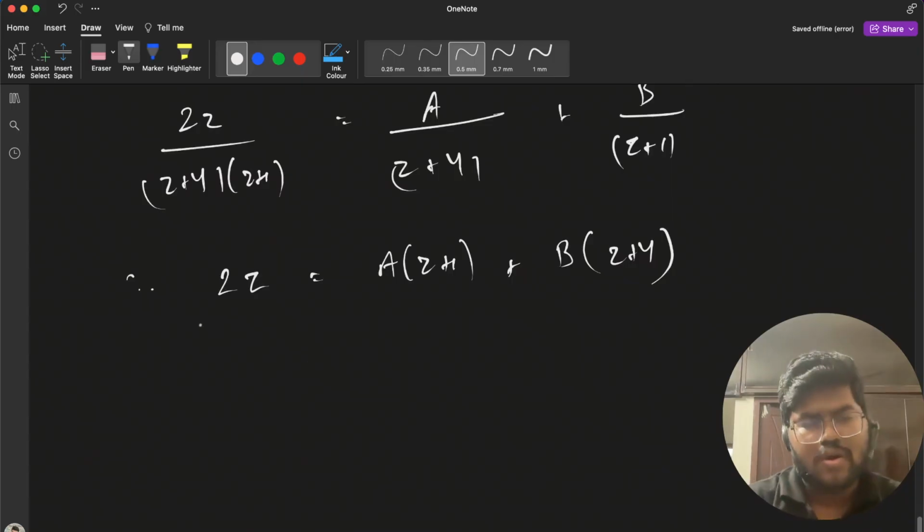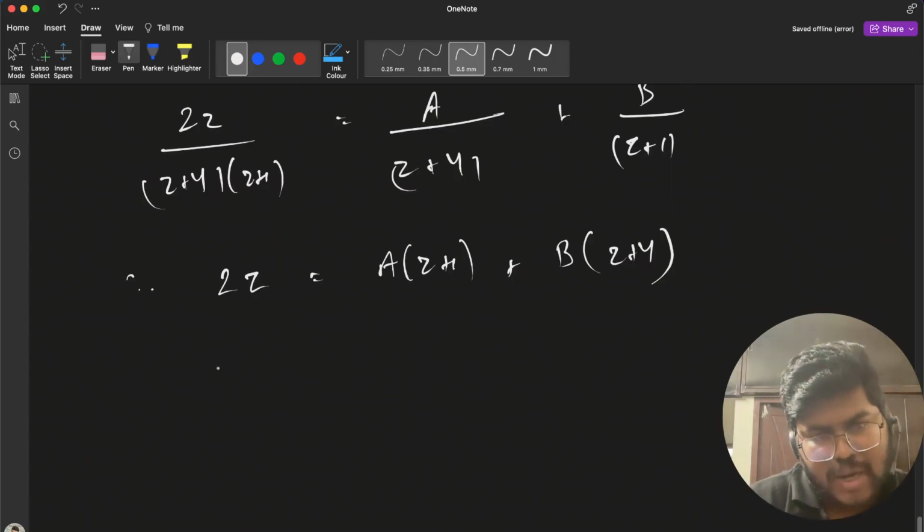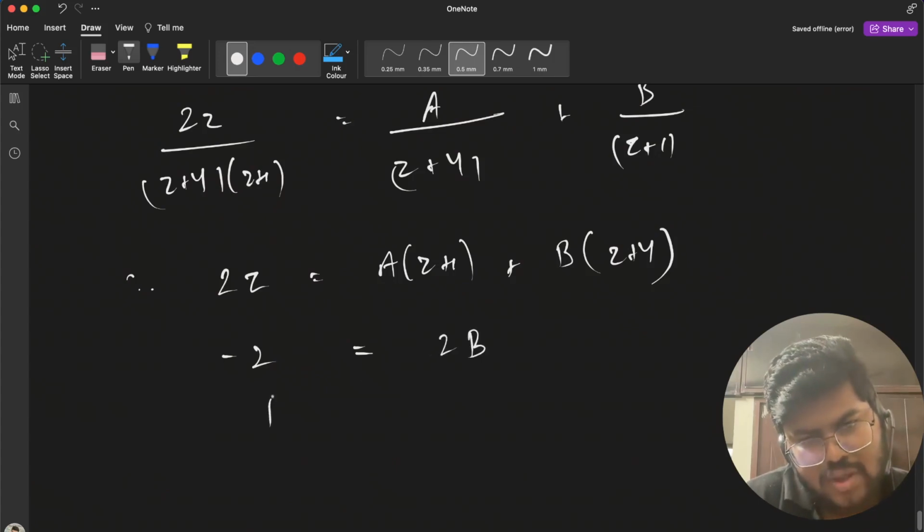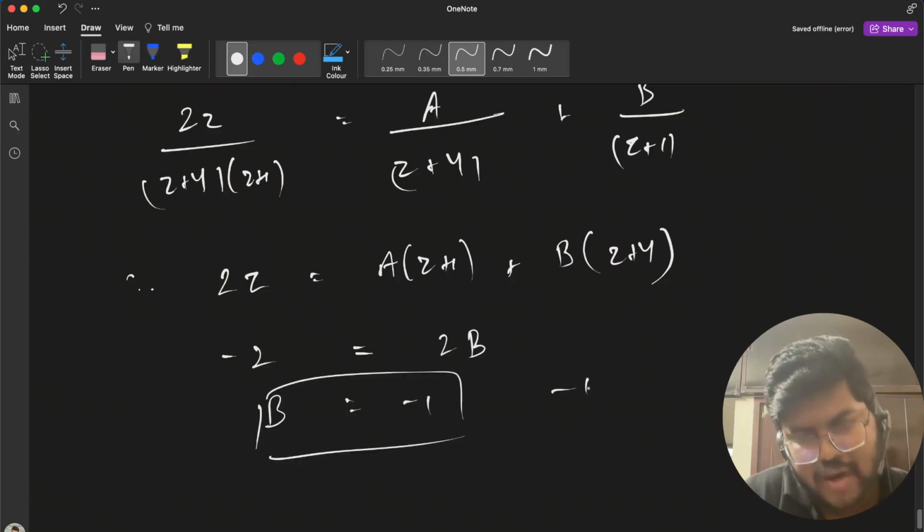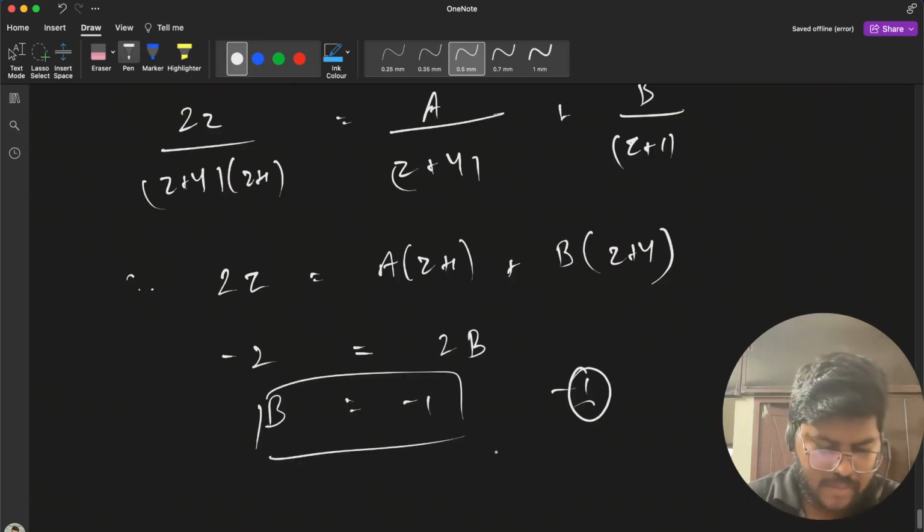So now put z equal to minus 1, so this is minus 2 equals 3b.